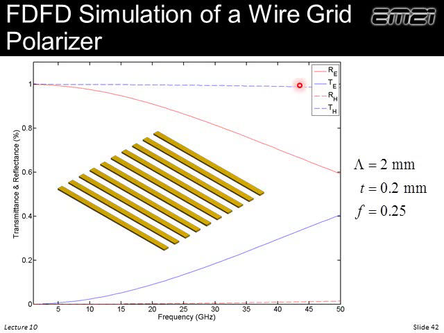We have very high transmission for the H mode and lower transmission for the E mode. And in fact, if we come over here to lower frequencies, we get very, very low transmission on the E mode and very high transmission on the H mode. So this is the most basic design. In fact, there's even better designs for wire grid polarizers, but that's basically how they work. And that concludes our discussion on subwavelength gratings.